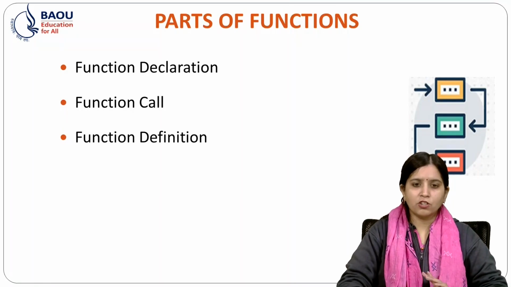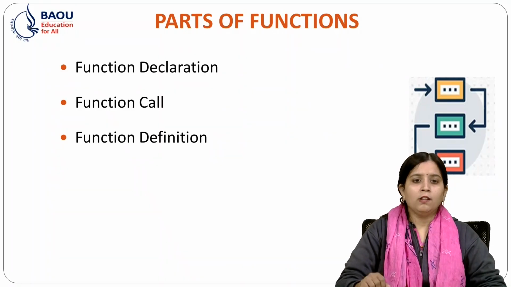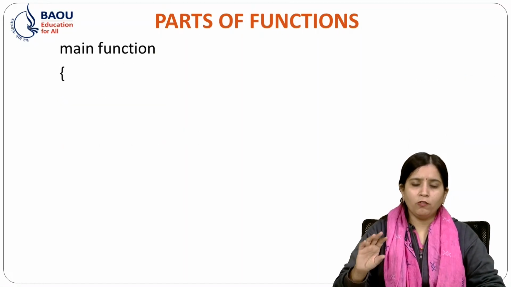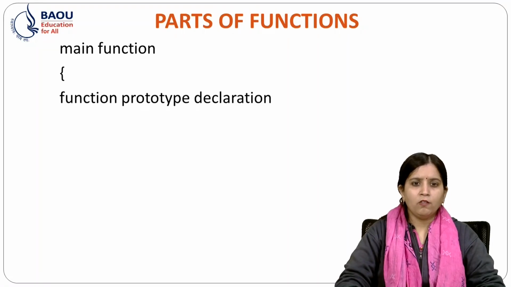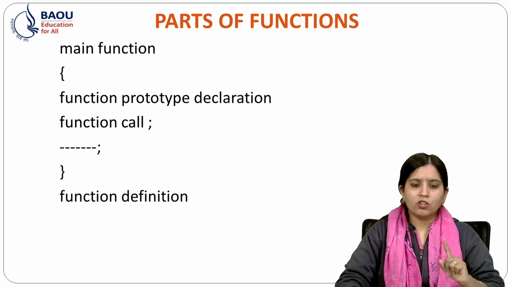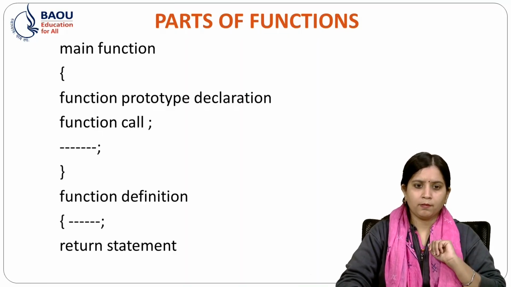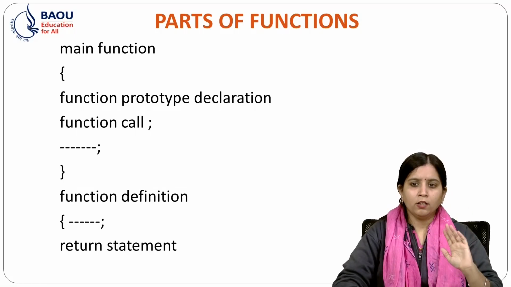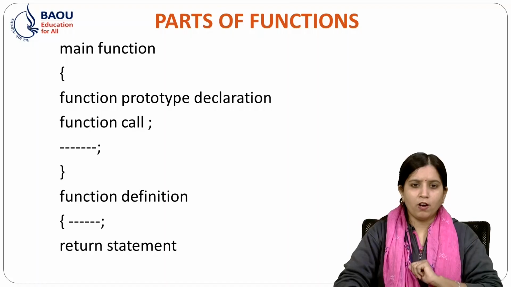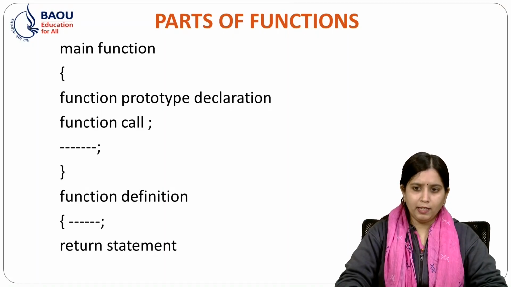And third is function definition. Let's see all these parts in detail, and then we will see categories of function. So these are the basic syntax of the parts of the function. Now let's see in detail.